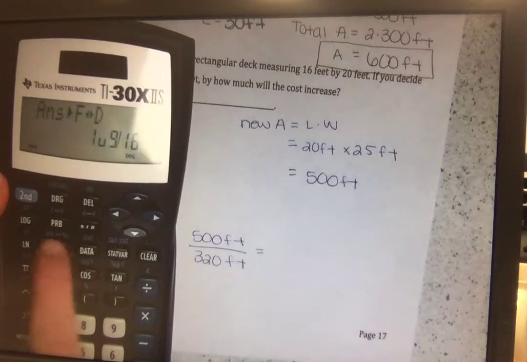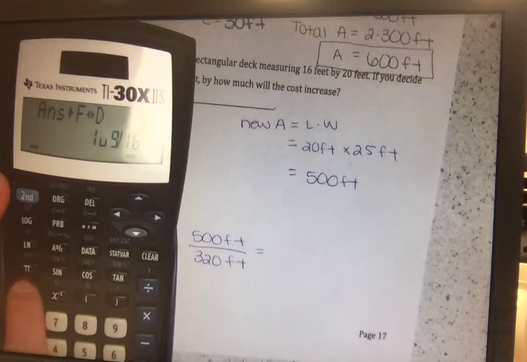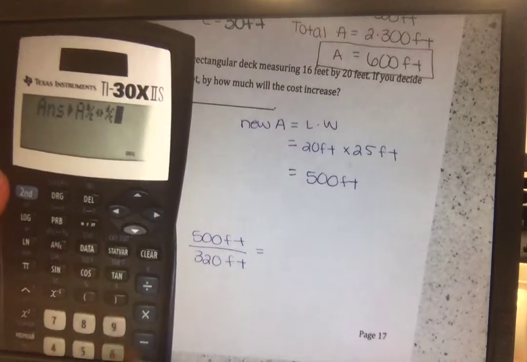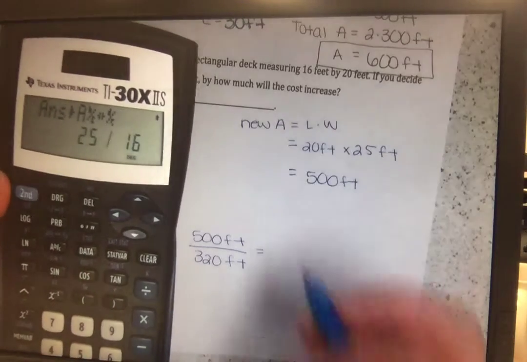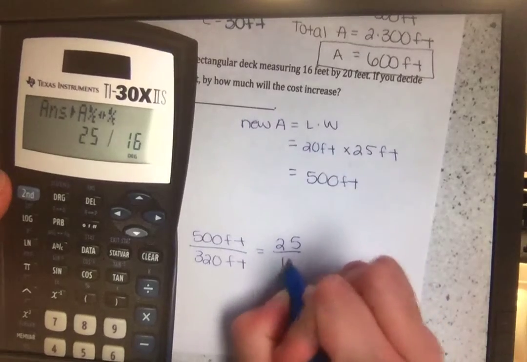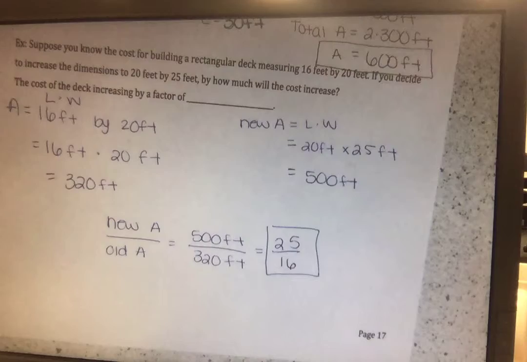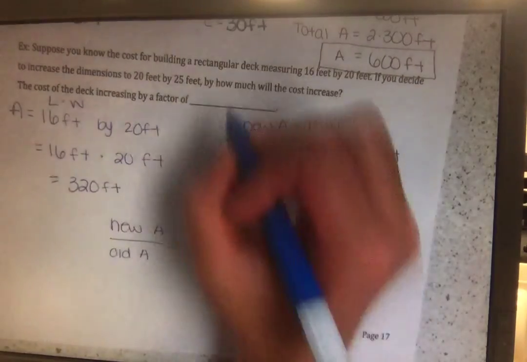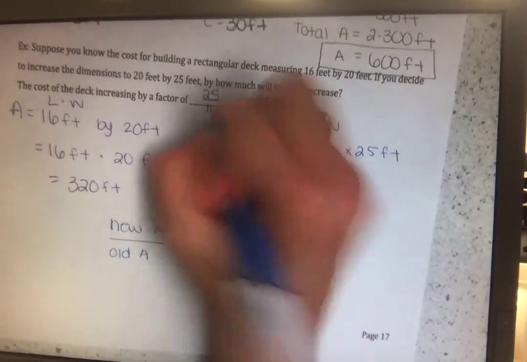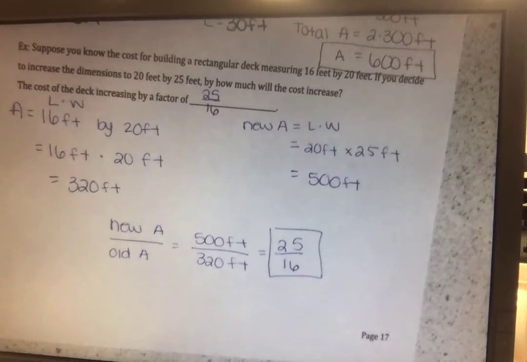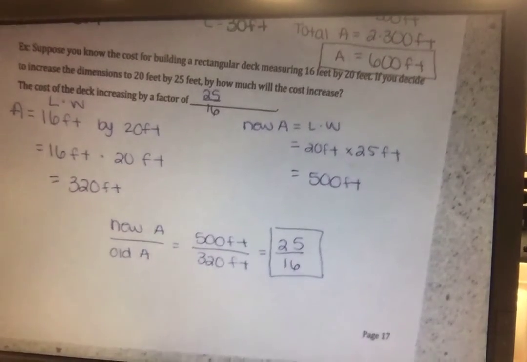So second, this next button underneath will change this mixed number into an improper fraction. 25 over 16. Final answer. So the cost of the deck will increase by a factor of 25 over 16. So that is all for 10.4 notes.